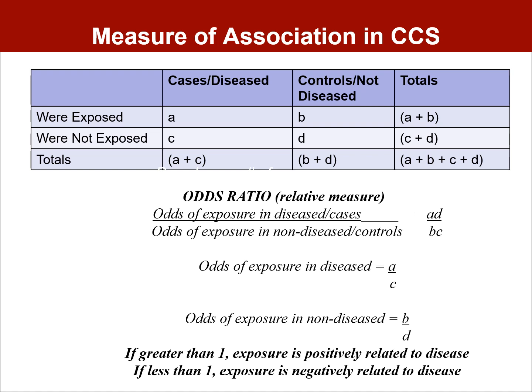Because you're unable to estimate incidence in a case control study. And I already taught you how to calculate or compute the odds ratio. So for this week and next week, we will be doing a lot of mathematical calculations for odds ratios in case control and cohort studies.